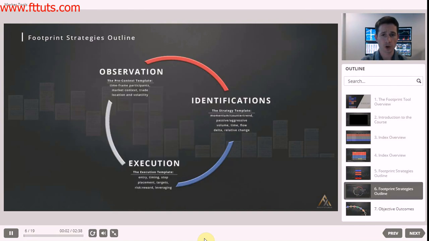So now that you know what the 10 strategies are that we're going to cover throughout the Footprint course, I'm going to give you a little idea of what you can expect to see within each one of those strategy units, 6 to 15. So what I've found through experience with particularly mentoring a lot of younger traders is they have all the energy and all the willpower to want to succeed, but they never have a very strong, disciplined, routine approach to analyzing and templating the markets.